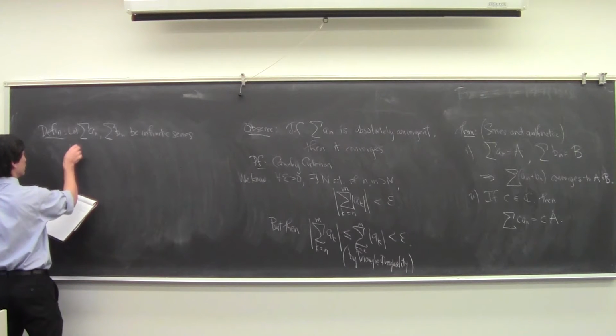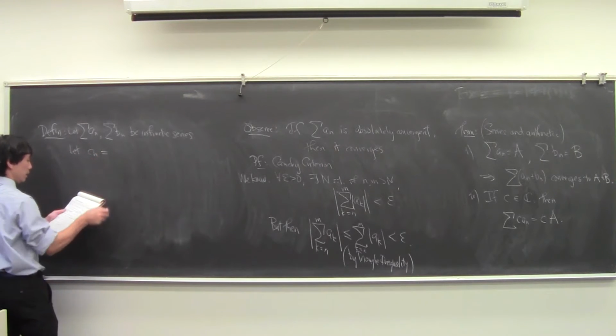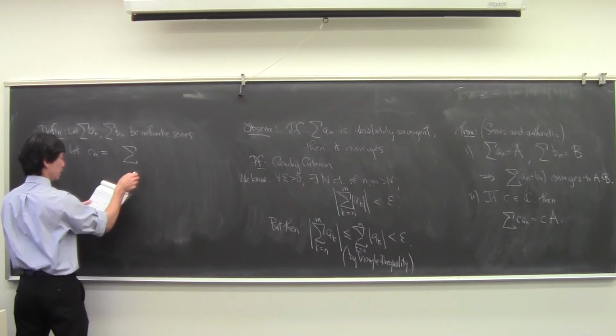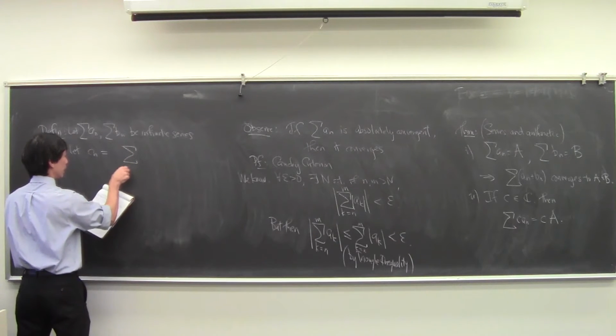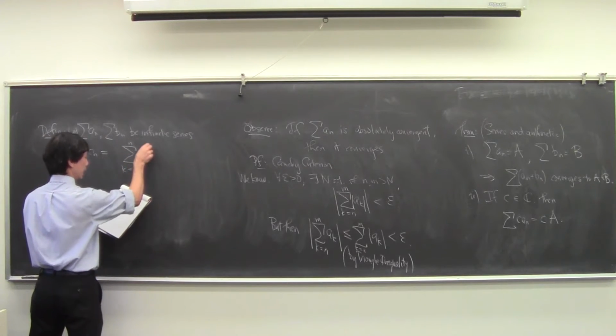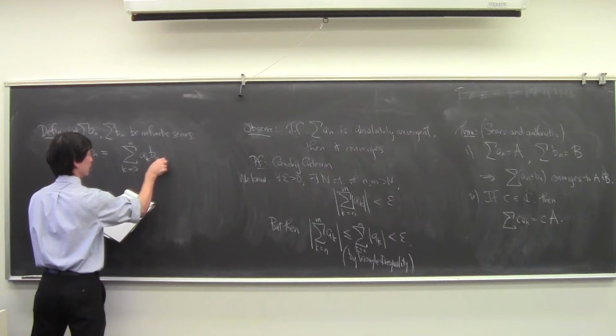And let c sub n be the sum from k equals 0 to n of a sub k times b sub n minus k.